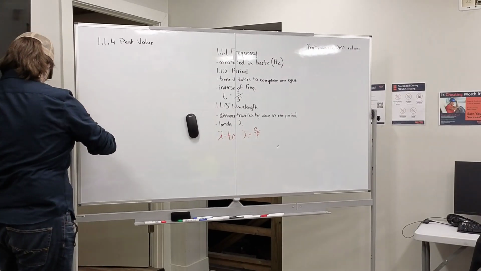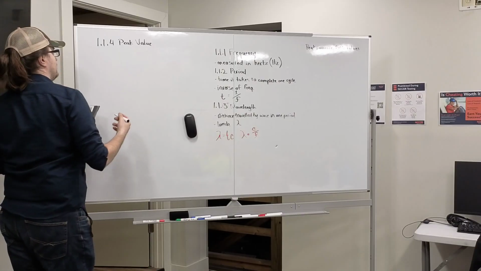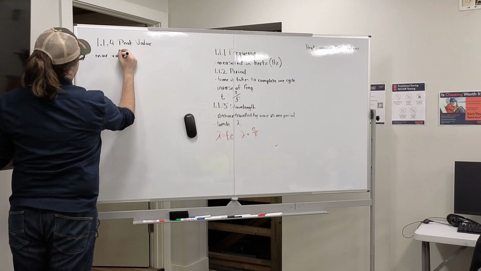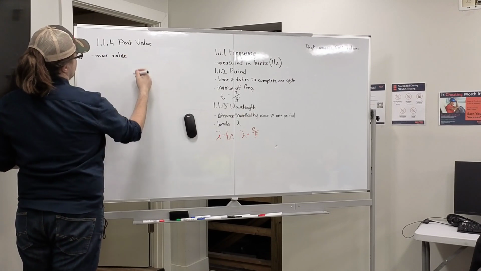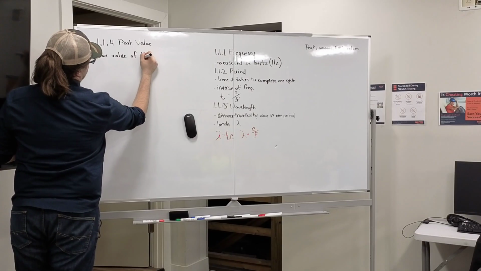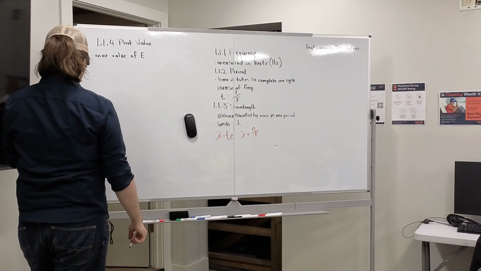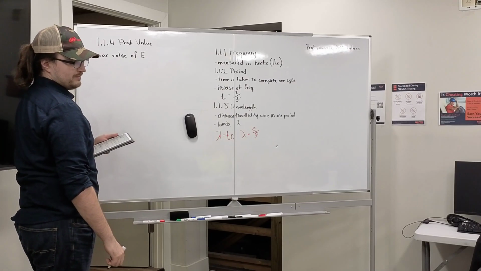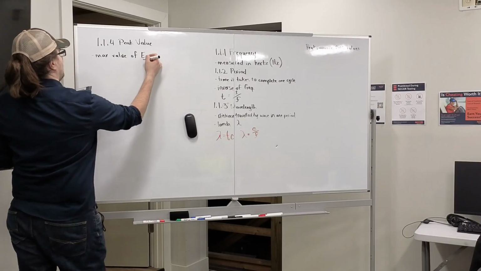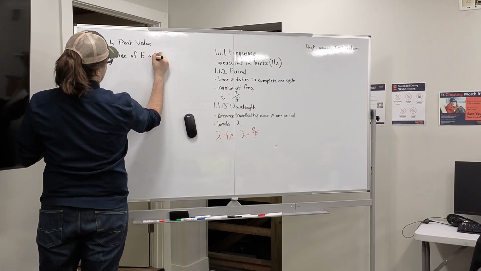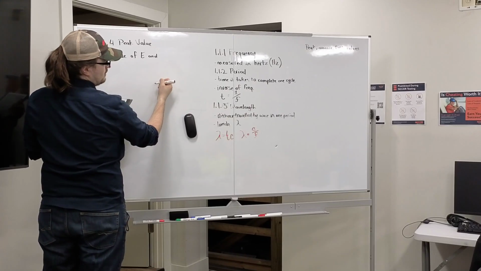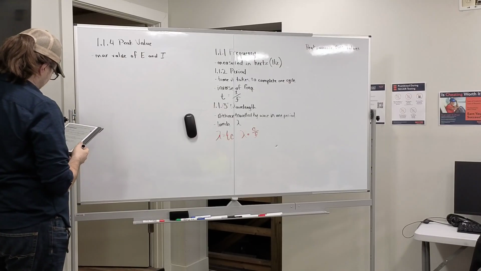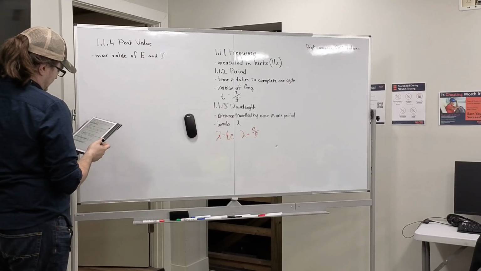All right. Peak value. That's the max, right? Max value of what? Voltage. Just voltage? Everything: voltage, amplitude, also known as magnitude, current.